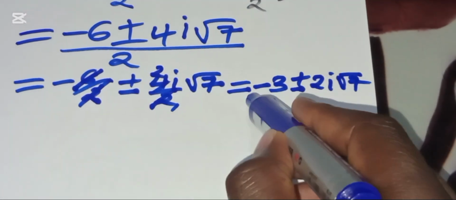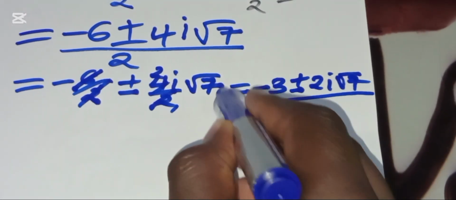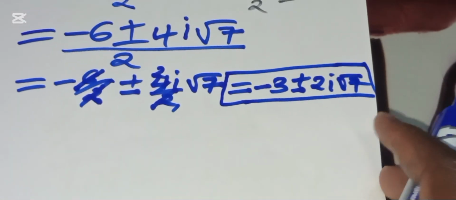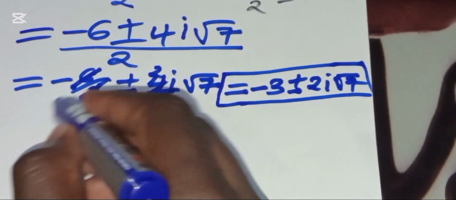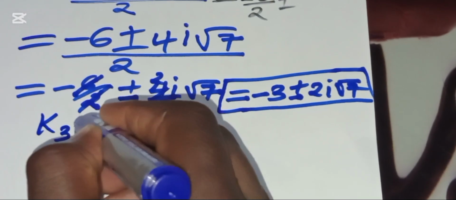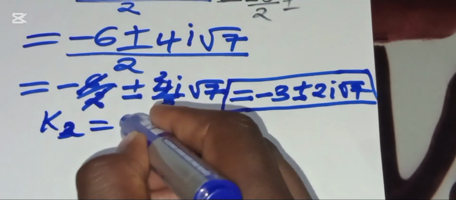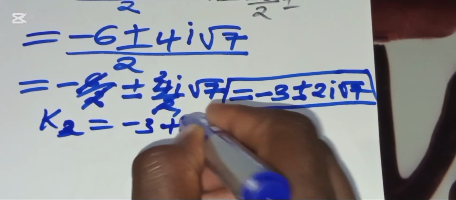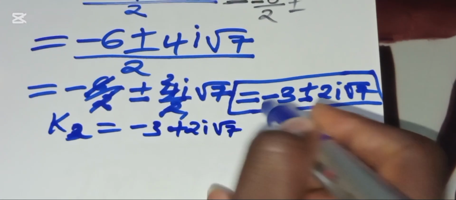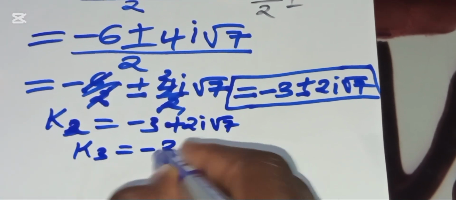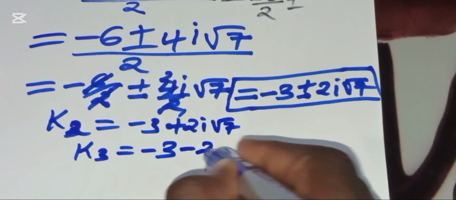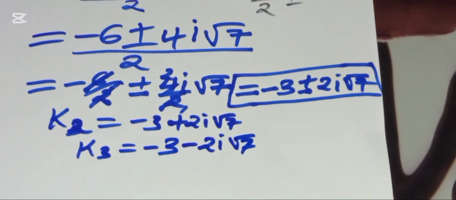So that means that we have two complex roots here, that is k2, which is equal to negative 3 plus 2i square root of 7, and k3, which is equal to negative 3 minus 2i square root of 7.